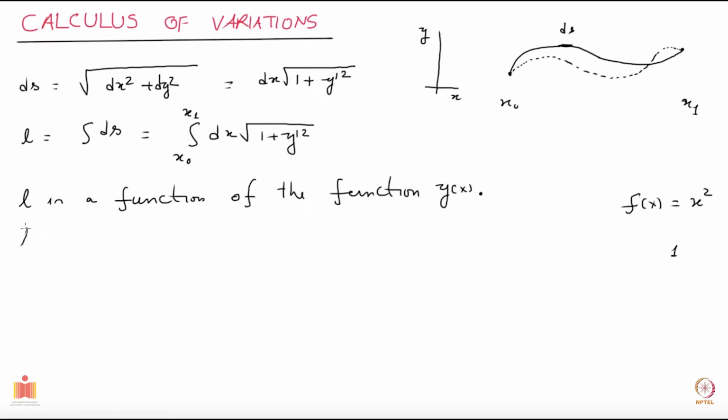So for me, that quantity above, L, is a functional. And what's a functional? A functional is a function of a function. So I'll make this a prototype definition of a functional. Let me just write it down.